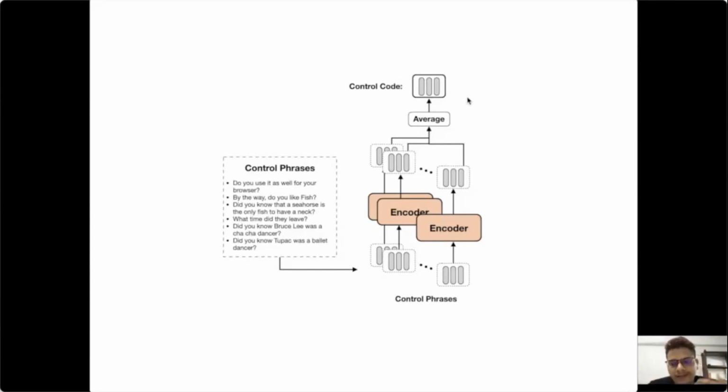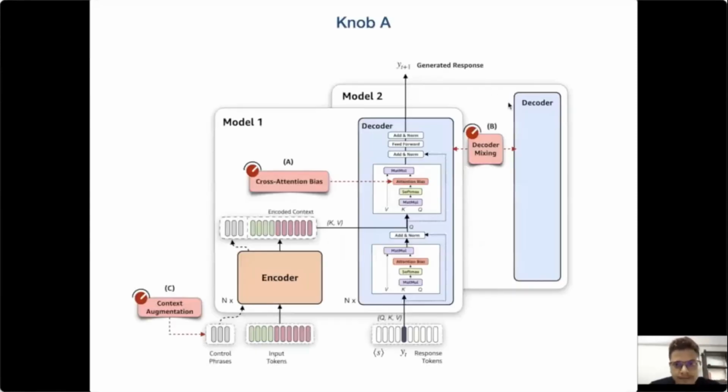In the literature, these kinds of control codes are normally learned during training. But since we are avoiding training altogether, we have to come up with something which is meaningful to be effective in zero shot. In stage 2, once we have the control code, we prepend it to an earlier context, which comprises the knowledge and the dialogue turns.